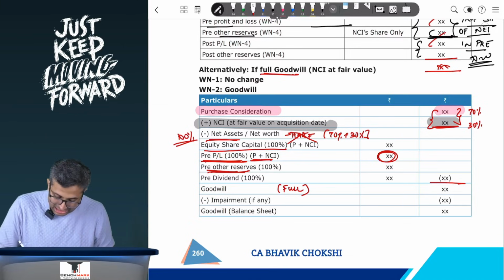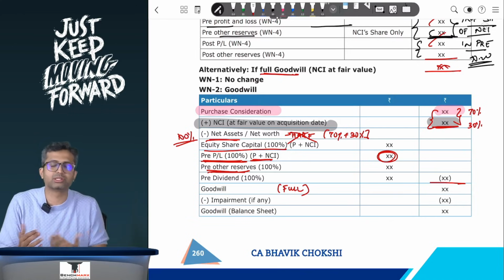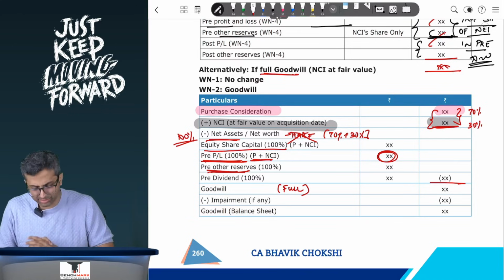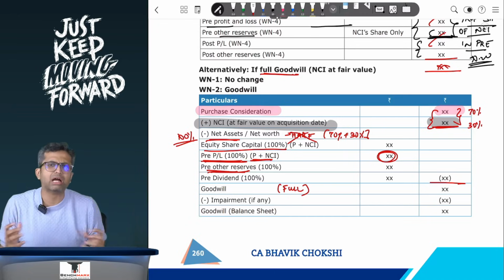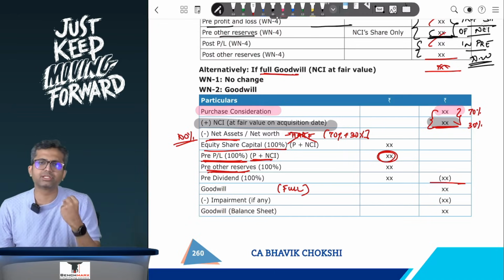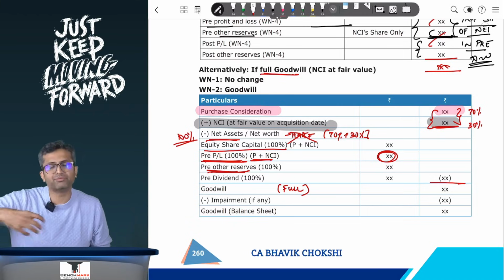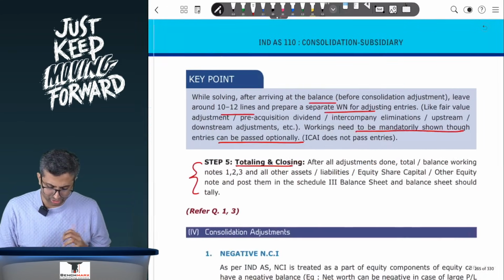So these are a few things that you have to remember if the question is a full goodwill question or a partial goodwill question. Again, you do it with sums and numbers, it will be more clear. Again, it's a very, very big chapter. We want to quickly revise it in the best possible time, and hence this is helpful if you have some background of the consolidation process.